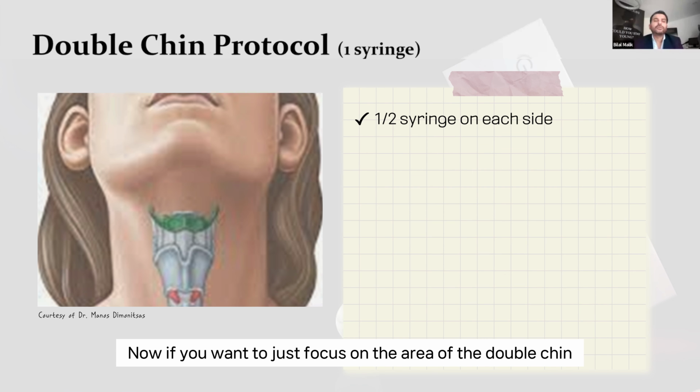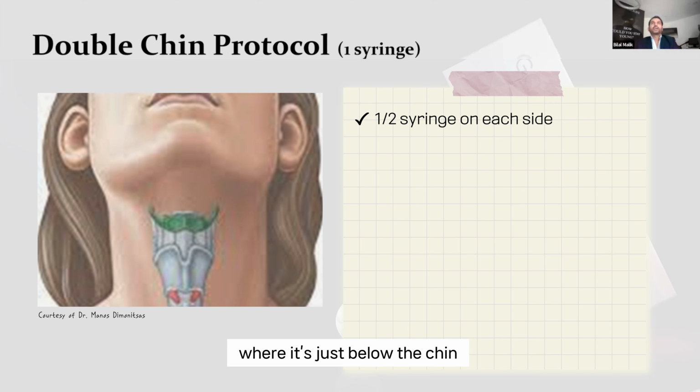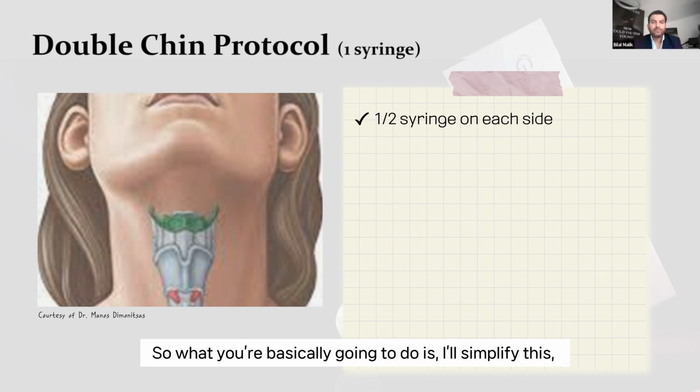Now, if you want to just focus on the area of the double chin, where just below the chin there's a bit of saggy or lax skin, that's what this protocol would help with. I'll simplify this.